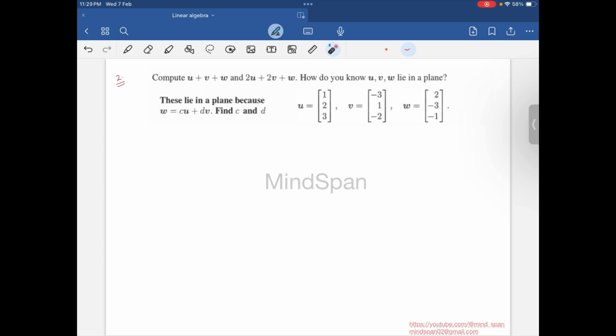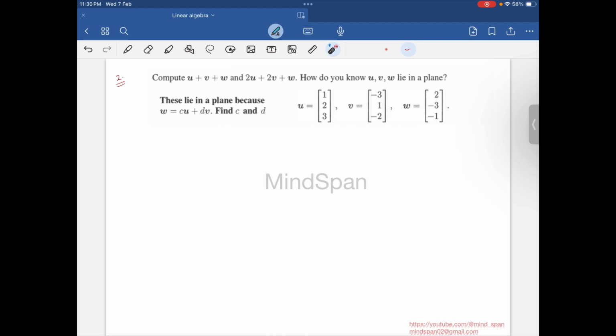But combinedly these 3 vectors lie on a plane. So even if you are taking their linear combination, these 3 vectors have the capacity to explore only the plane, not the complete 3-dimensional space.